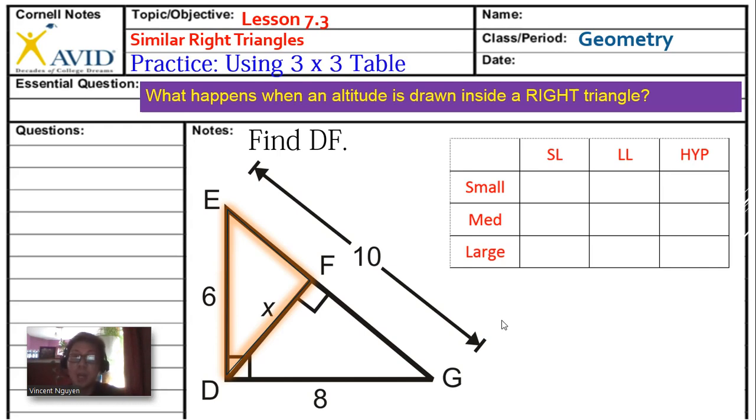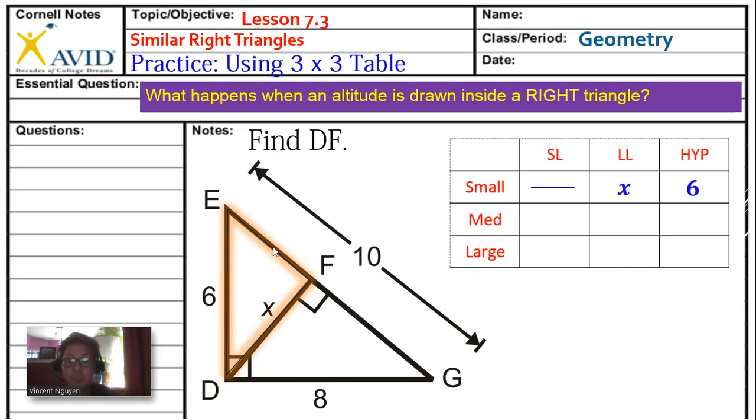The short leg is the short piece of the hypotenuse. In this case, it's EF, but we don't know what it is, so I'm going to leave it blank. The long leg is the other leg of the right triangle, which is x, and then the hypotenuse is 6. So if I were to fill out that table, it's going to be blank, x, 6. Blank for short leg, x for long leg, and 6 for the hypotenuse, okay?